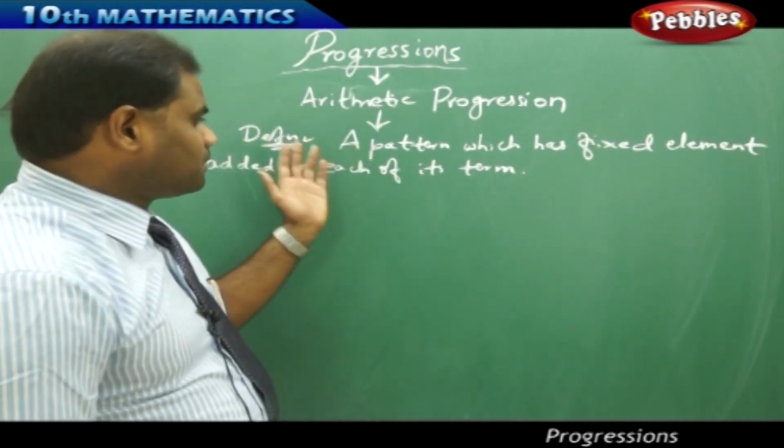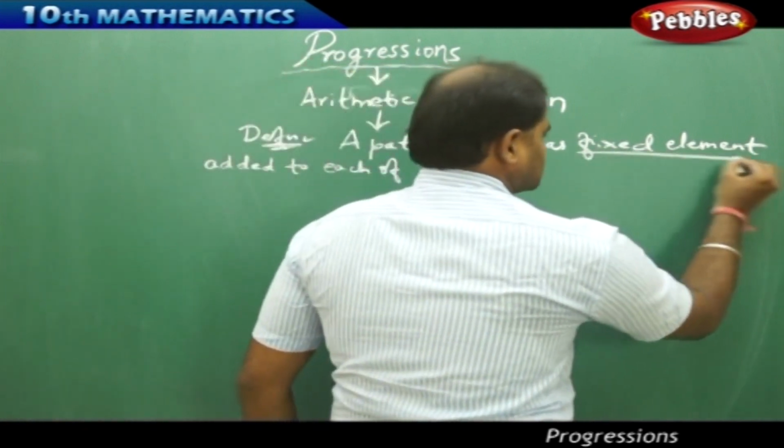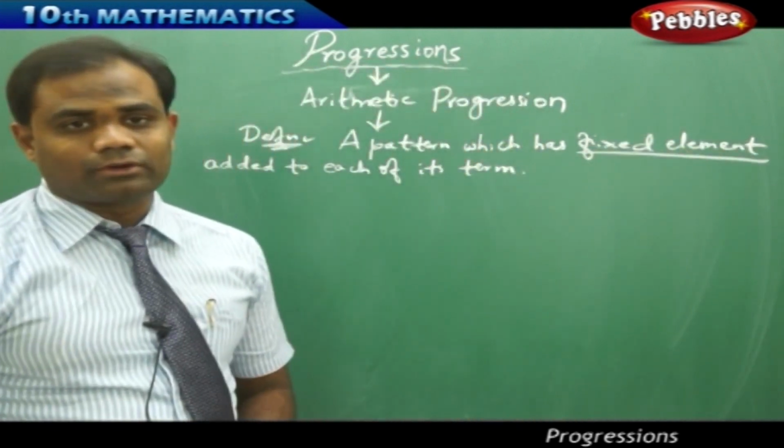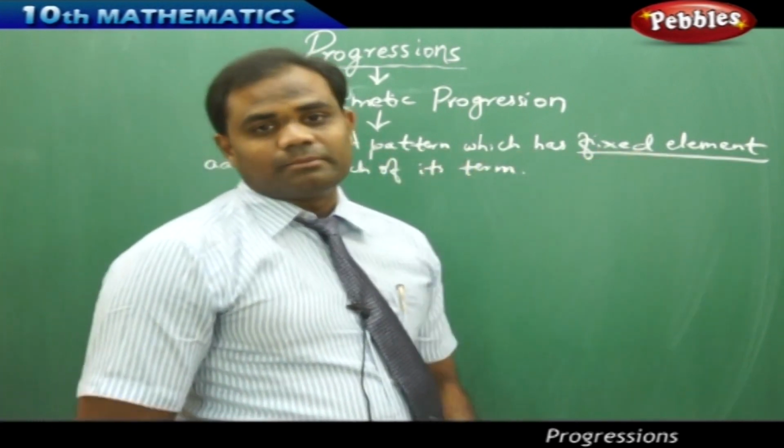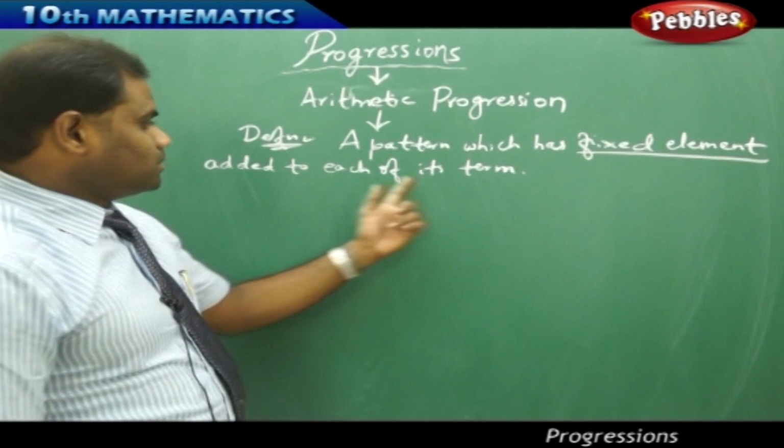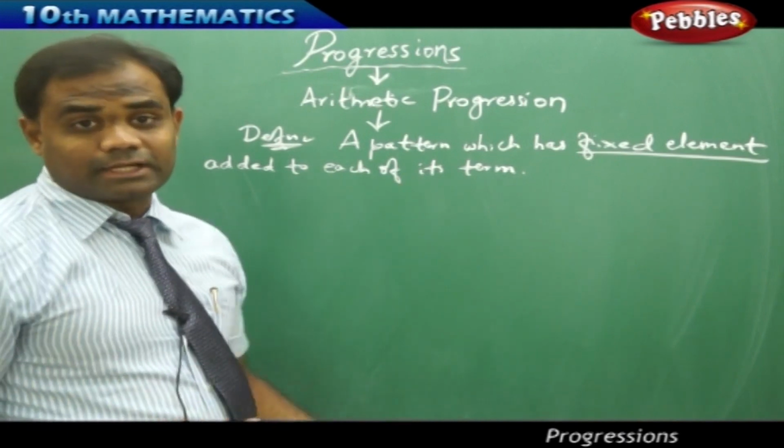So what do you understand by a pattern which has a fixed element? Now this is a very important role which it plays in arithmetic progression. So a pattern which has a fixed element which is added to each of its terms. Let's see with an example.